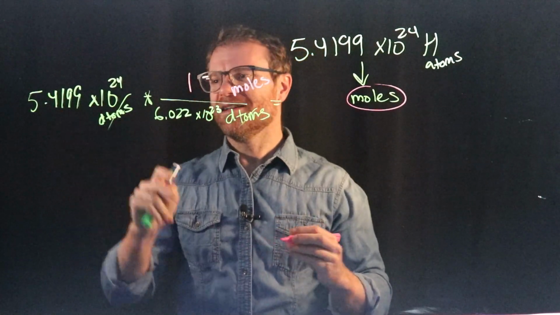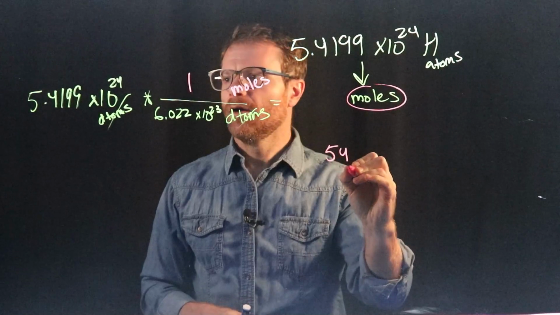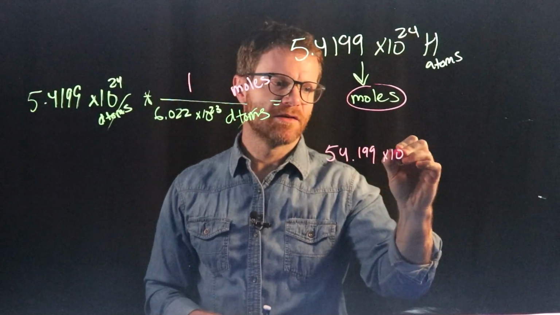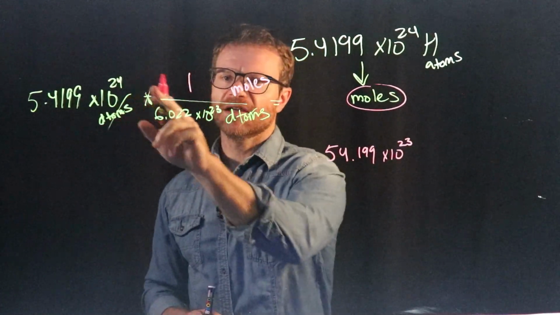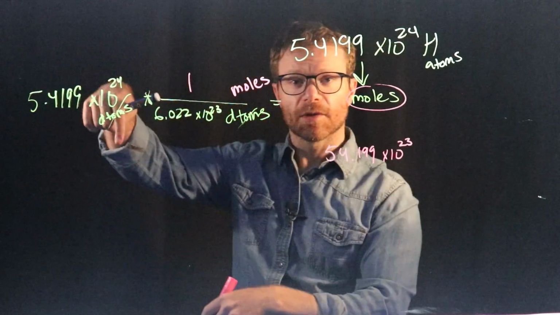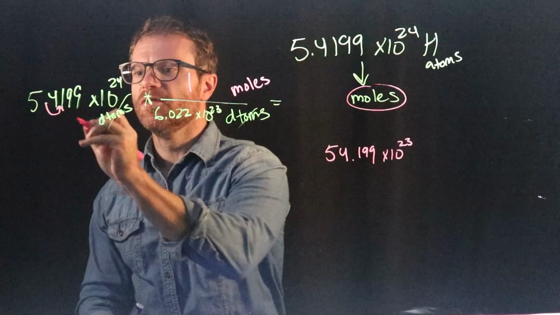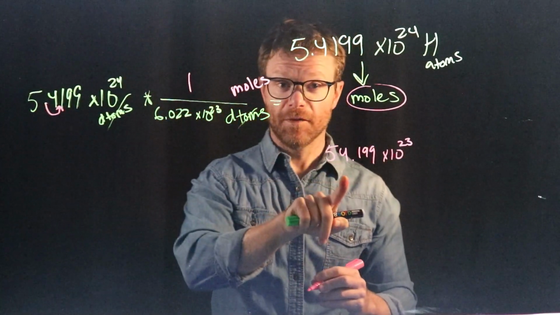So I'm going to call this 54.199 times 10 to the 23rd. Basically, I just wanted to make both of these exponents 23. So in order to make this exponent smaller, 24 becomes 23, I need to make my number bigger by 1. So I just moved that decimal place over once. So 5.4 became 54.